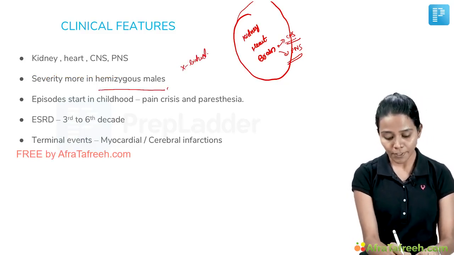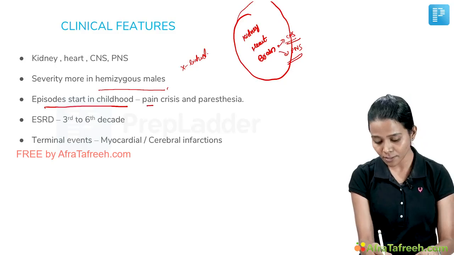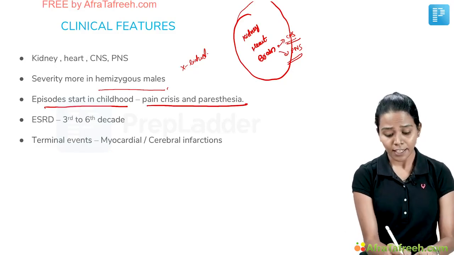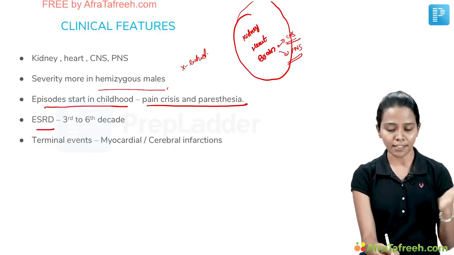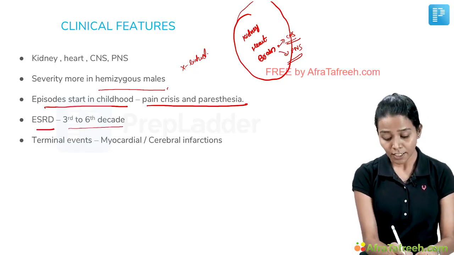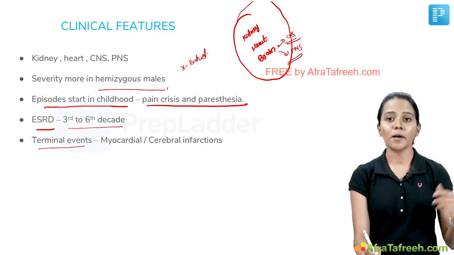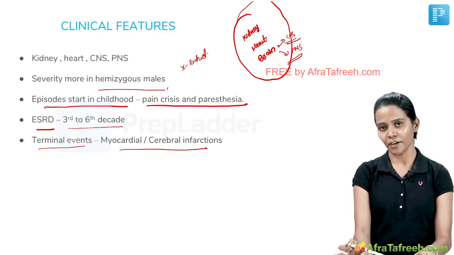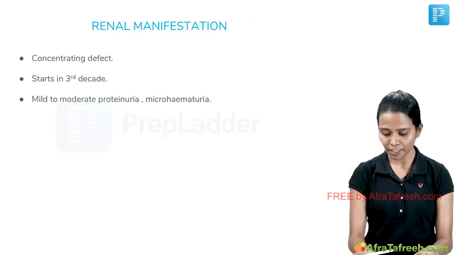The episodes generally start in childhood. The first manifestation is pain crisis and paresthesias. ESRD generally occurs later, at the 3rd to 6th decade. The terminal event is going to be myocardial ischemia or cerebral infarction.